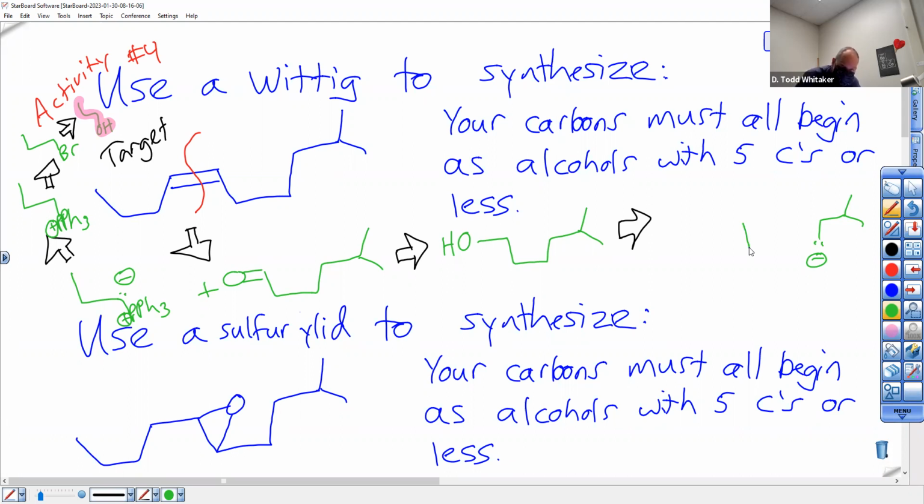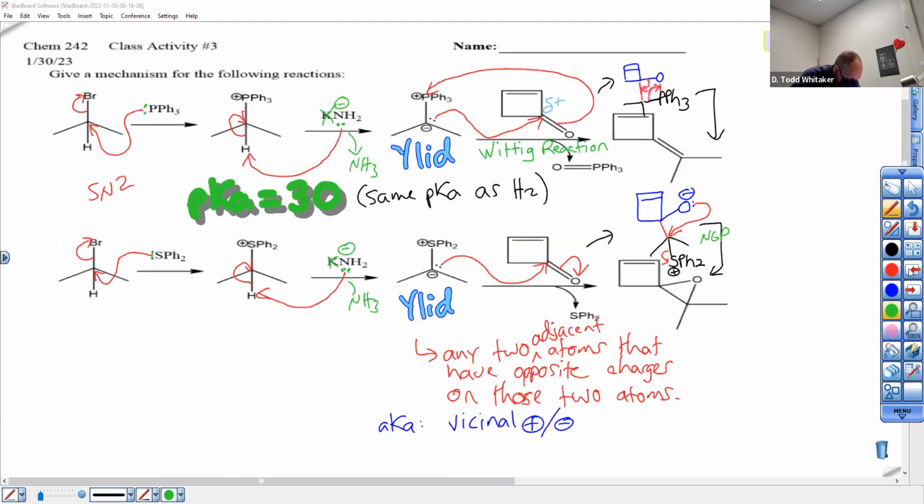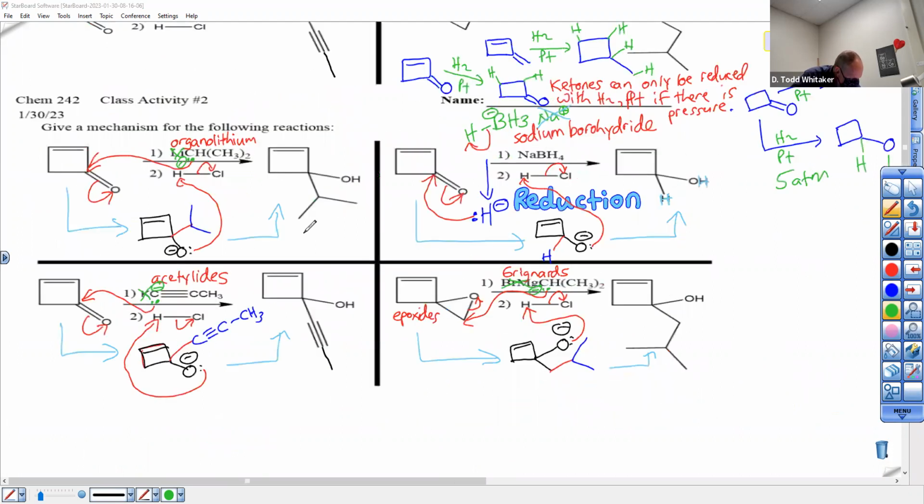Do you know a reaction that could add 2 new carbons and have the bond to oxygen on the adjacent carbon instead of the attacked carbon? It goes on the adjacent carbon. Let me remind you, Grignards and organolithiums are interchangeable. Those 2 words are interchangeable.